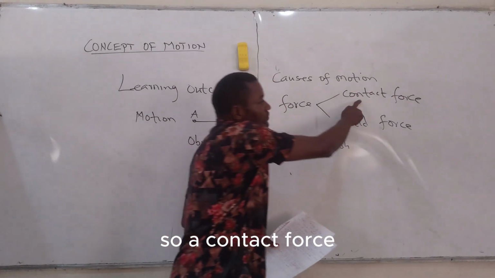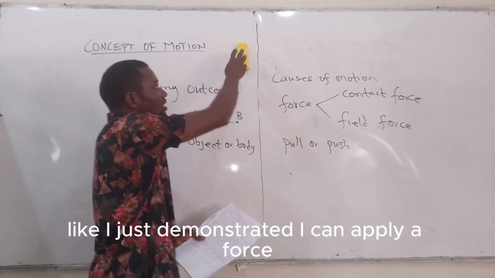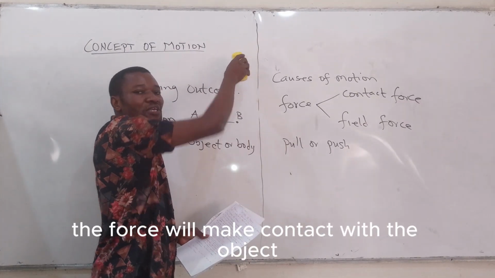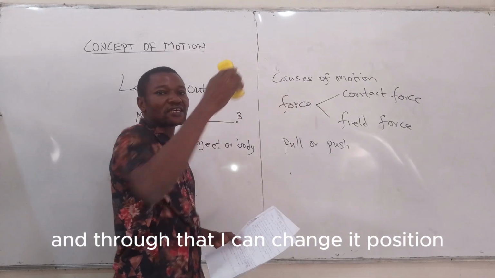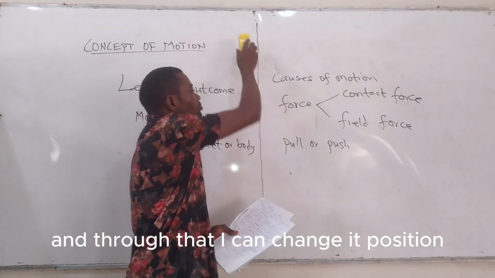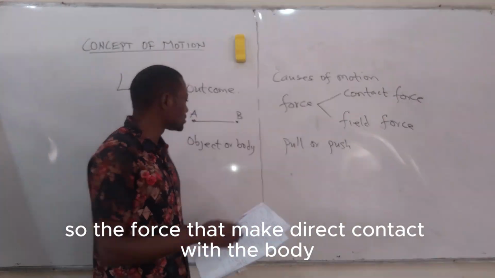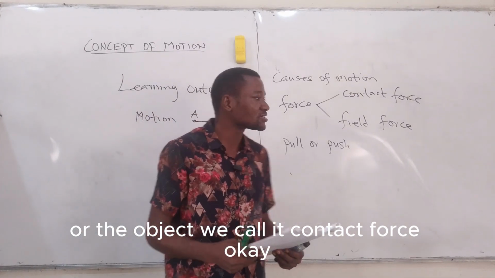So a contact force is the force applied directly to an object. Like I just demonstrated, I can apply a force. The force will make contact with the object, and through that, I can change its position. So a force that makes direct contact with the body or the object, we call it contact force.